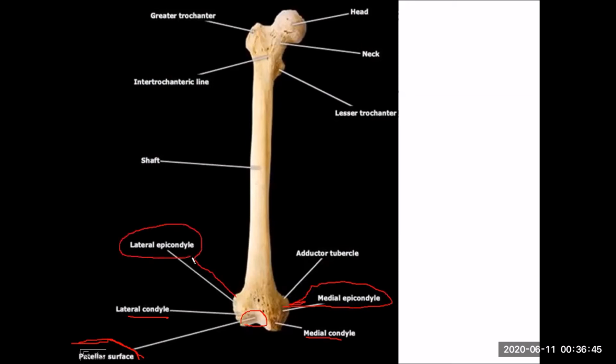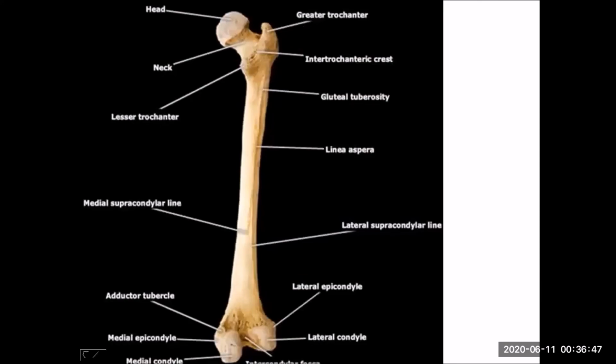And we can see those from the posterior side. So again, closer to the center of the bone, that's where you have the condyles. And then on the extreme edges is where you have the epicondyles.